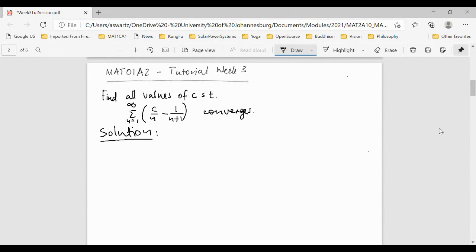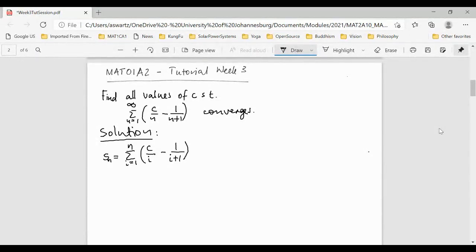So let's calculate the sum for a few values of n. Remember the partial sum, the sum up to n terms, is given the symbol S, and that is the sum, and now we need to change the index because we need n for the final term, i from 1 to n, of C divided by i minus 1 divided by i plus 1.